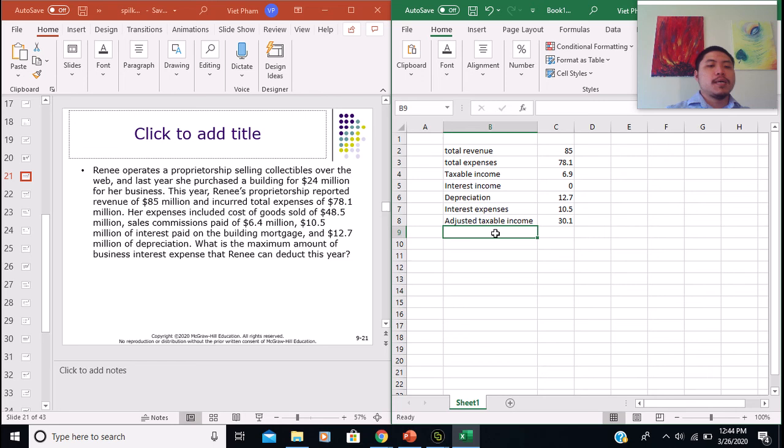Then we have to multiply this by 30%. So it's going to be 9.3 million.